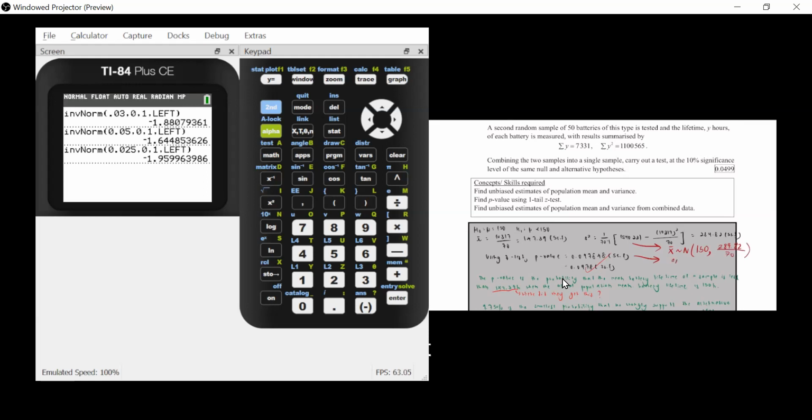You have to say it's approximately normal by CLT. Then for the next step, you need to mention the test statistic. Z equals x bar minus mu, in this case 150, divided by the square root of s square over n. So it's just 284.82.